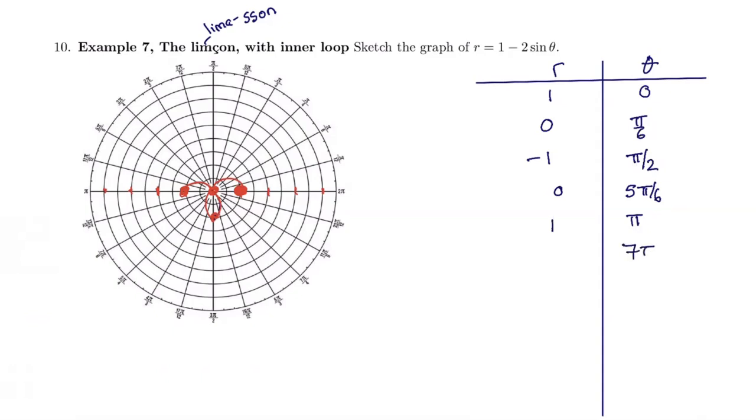Let's do 7 pi over 6 for ease. 7 pi over 6 is going to produce a positive, when I put it into 2 sine theta, will produce negative 2 times 1, or negative 2, a negative 1. So 1 minus negative 1 will be 2. So what this means is I go out 2 and around 7 pi over 6, which is going to put me there.